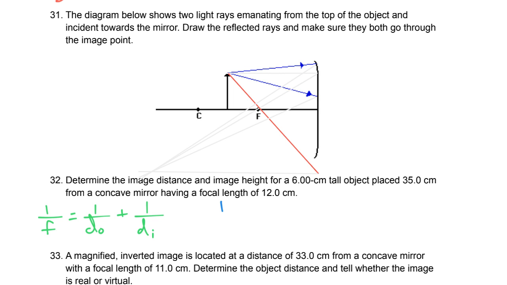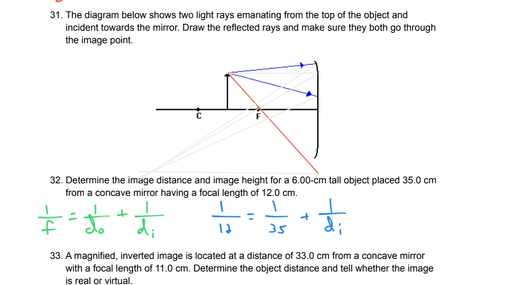The focal length here is 12. We don't know the image distance. We know the object distance is 35, and we're going to solve for the image distance.